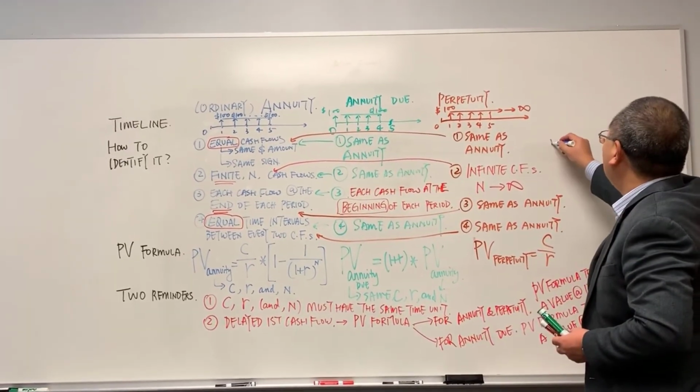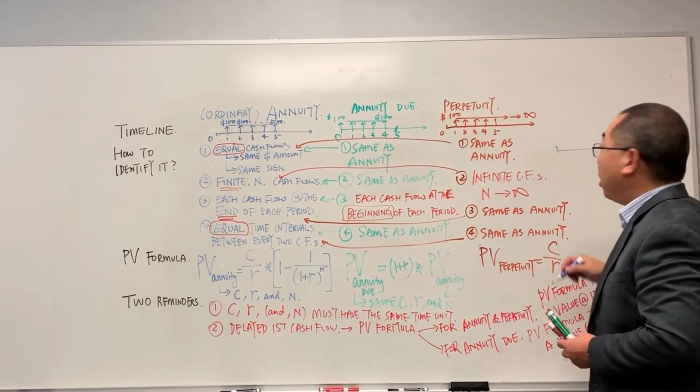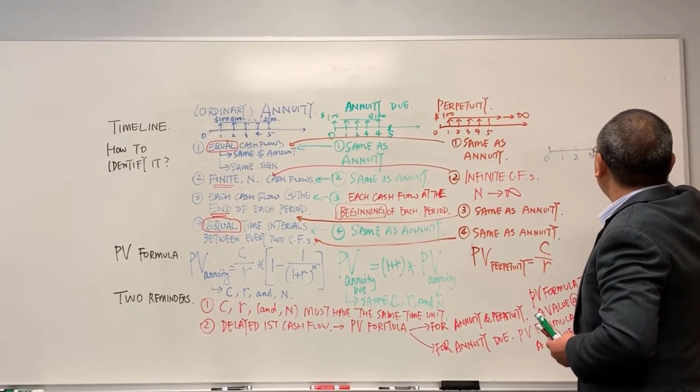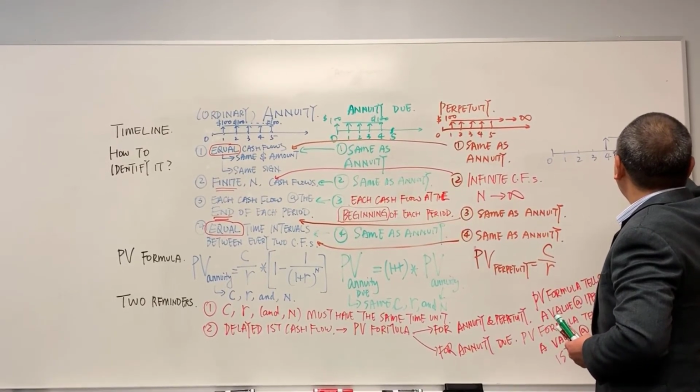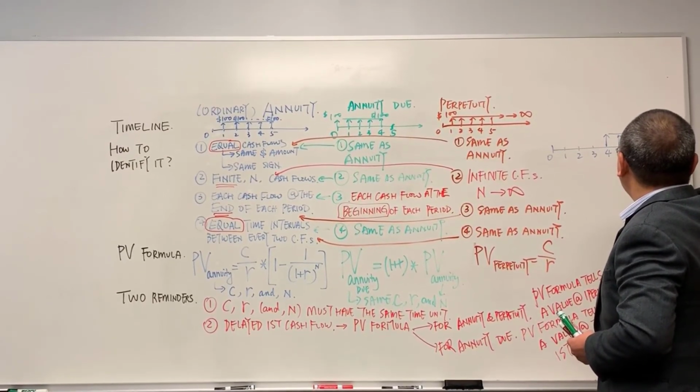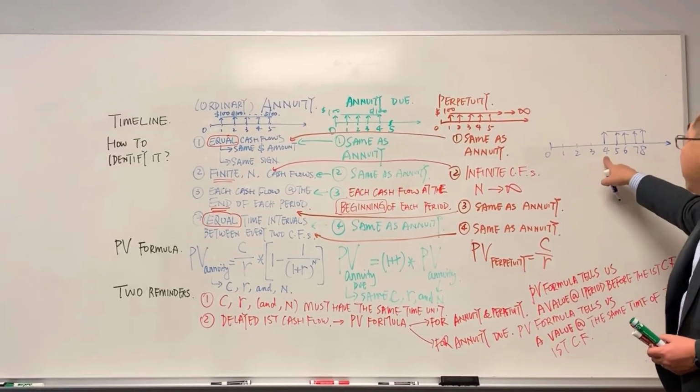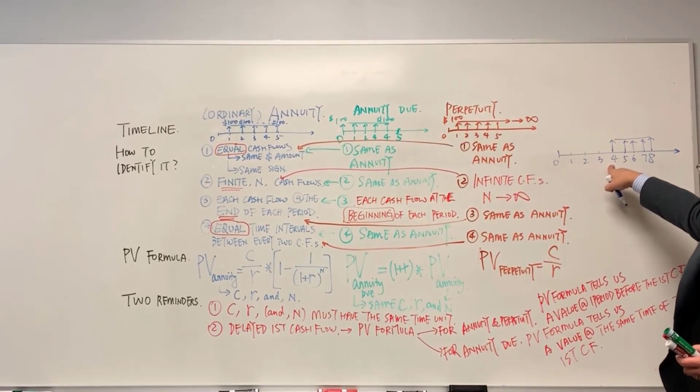Okay, if I talk about a delayed annuity, I have 5 cash flows. The first cash flow occurs at the end of year 4.